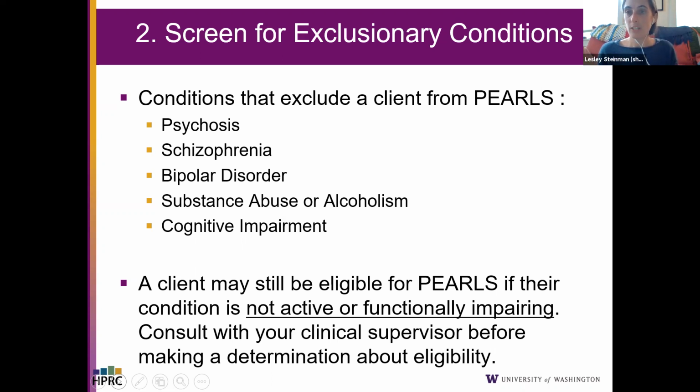We've changed this over the years, as we talked about when we discussed the research a couple of webinars ago, where it's okay if they have these conditions as long as they're not active or functionally impairing a person. So this is often where we really stress, especially when an organization is starting PEARLS, to connect with their clinical supervisor about this. And for those of you who are already doing PEARLS, you could also draw on your own wisdom here as you talk about how you've managed the screen for exclusionary conditions in your organization.